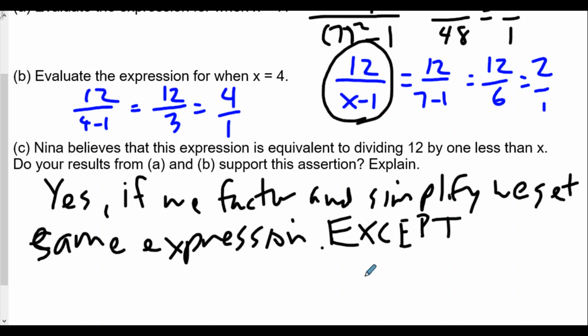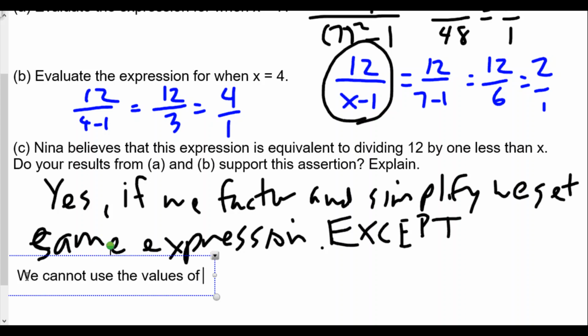Except, okay, and I'll type this out because my handwriting's getting worse. Okay, except we cannot use the values x equals 1 or x equals -1.